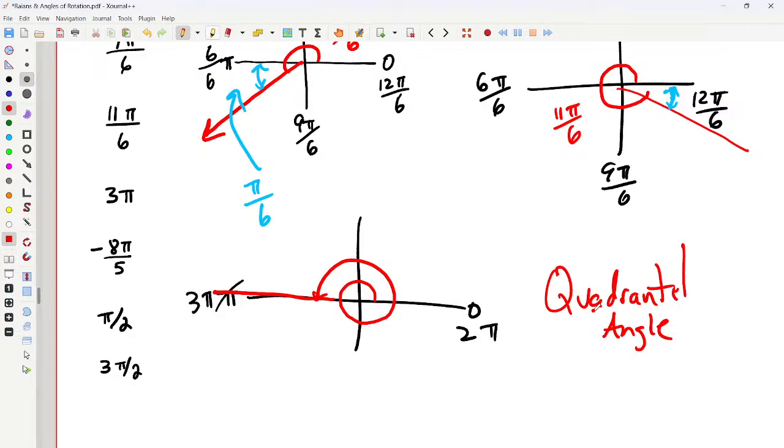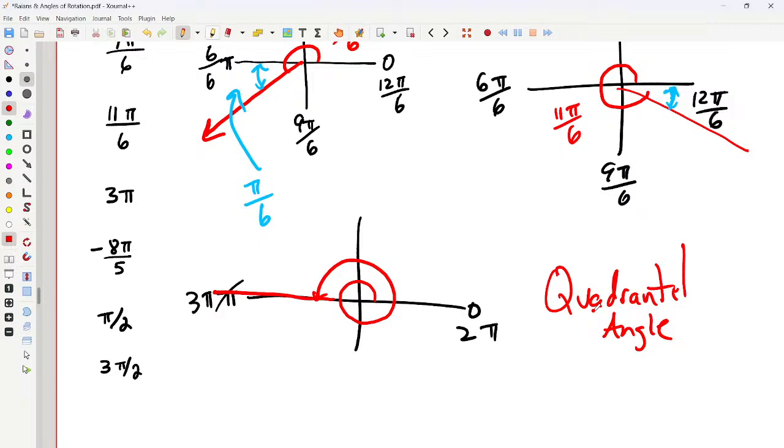Anytime you land not in a quadrant, so that means either here or there or back at the beginning, there is no quadrant. That's it.